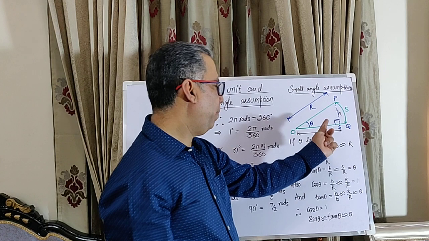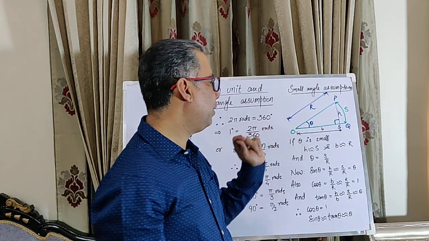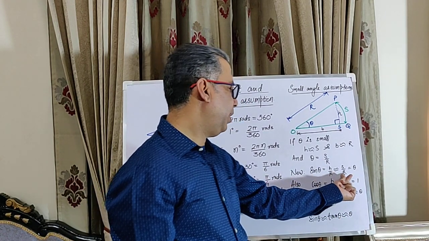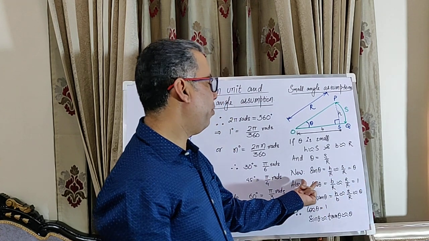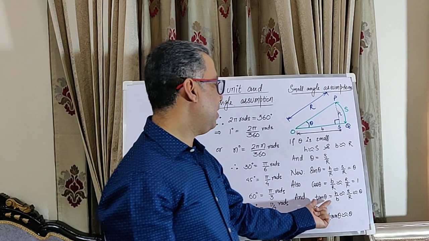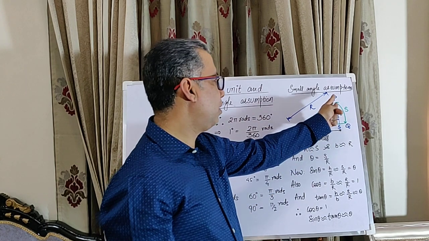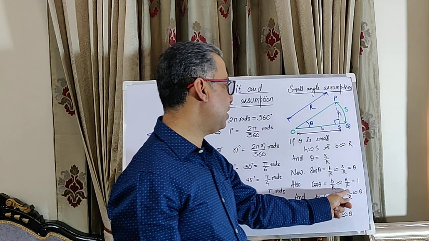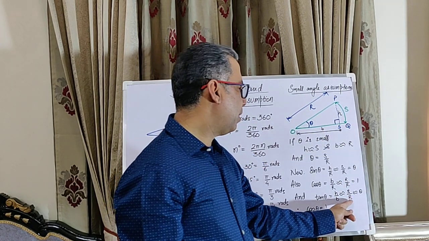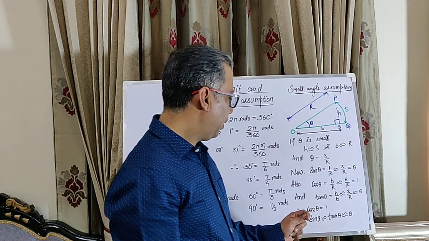Cos theta will be B by R, this B divided by R. Now since B is approximately equal to R, we get R by R, which is 1. So for very small angles, cos theta equals 1, and tan theta of course would be equal to H by B, H divided by B. H is approximately equal to S, and B is approximately equal to R, and so tan theta is S by R, which is theta.